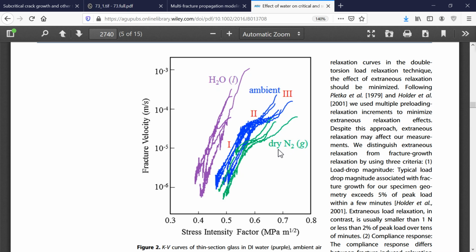Actually, this phenomenon of subcritical fracture propagation is related to chemical interaction of the rock with mechanics. It's a chemomechanical coupled process, and this is also a topic which is relevant to other applications in mechanics, in which you have corrosion.